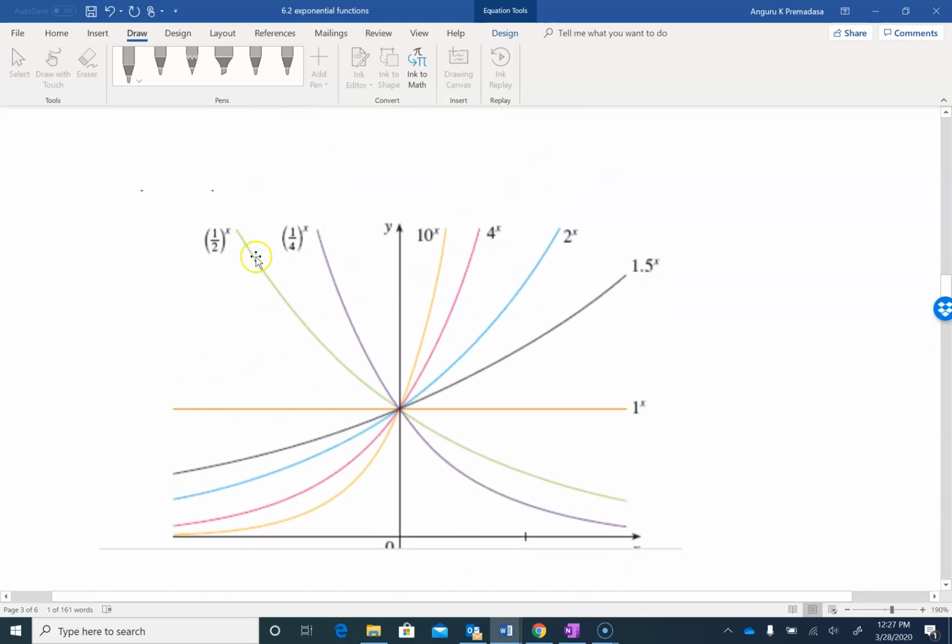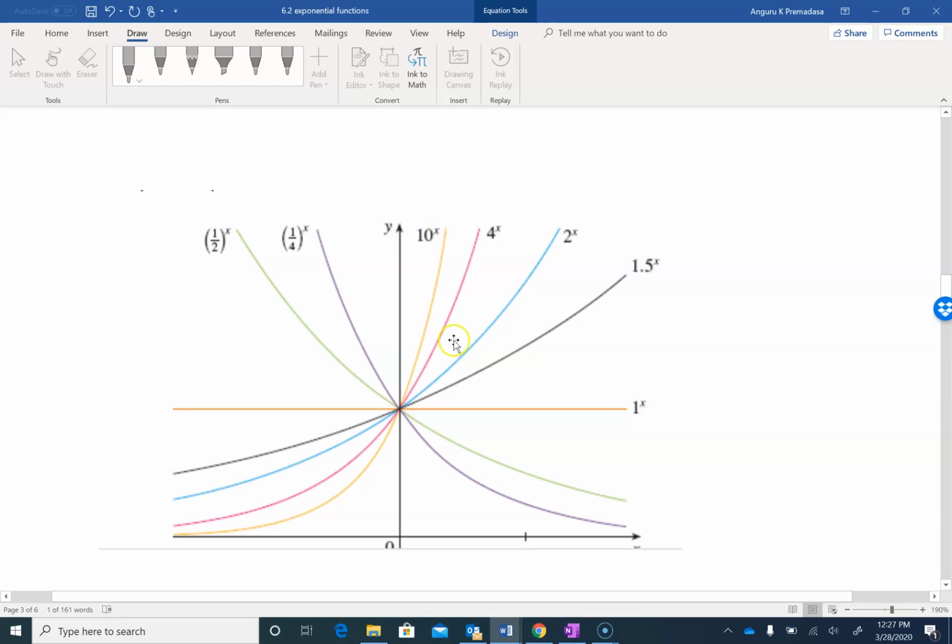So 1/2 to the x would decay, and 1/4 to the x would decay, a steeper decay. But 2 to the x is a growth, and 4 to the x is a steeper growth, and 10 to the x is an even steeper growth.